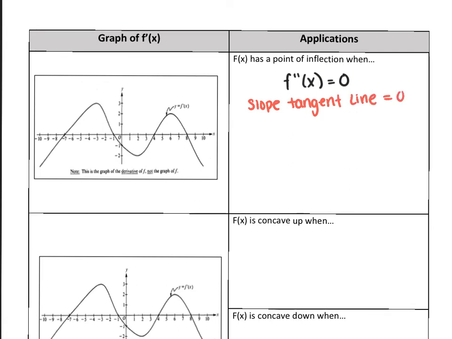So here would be a horizontal tangent right here. Here would be a horizontal tangent. Here would be a horizontal tangent. So these x values here are -3, +2, and +6.